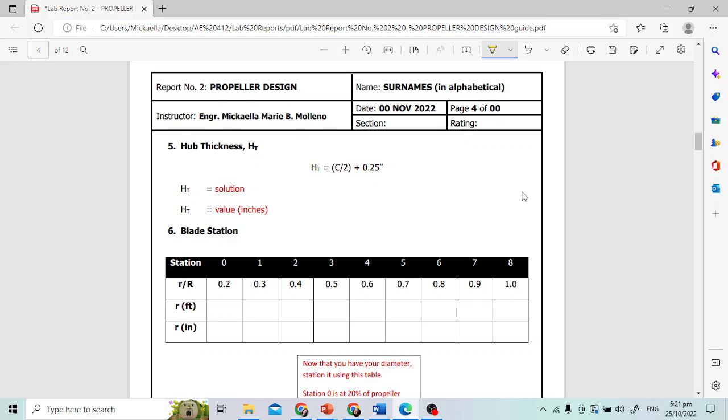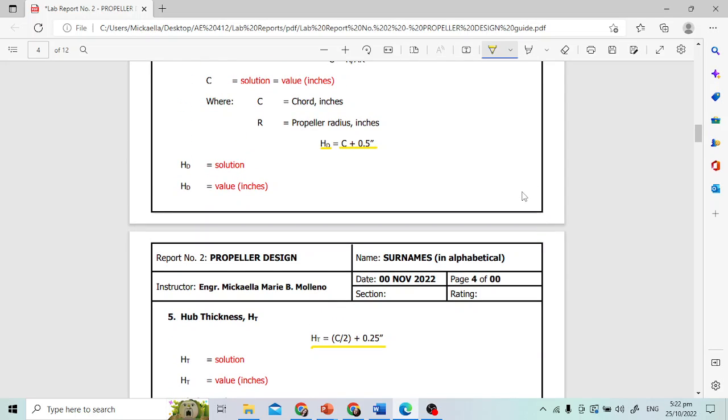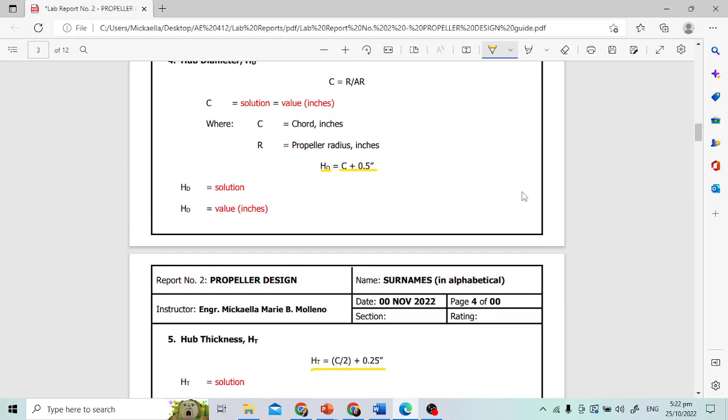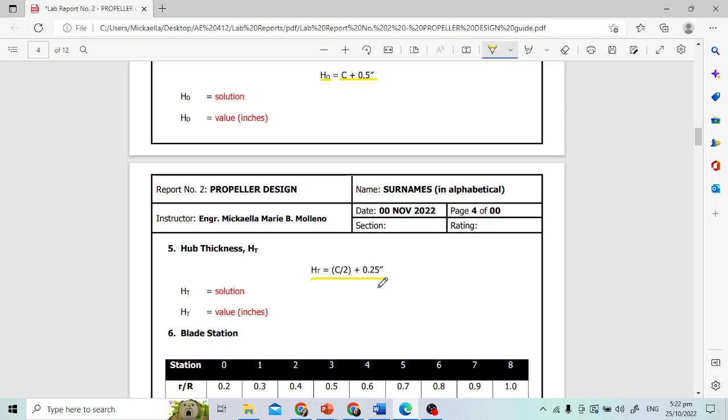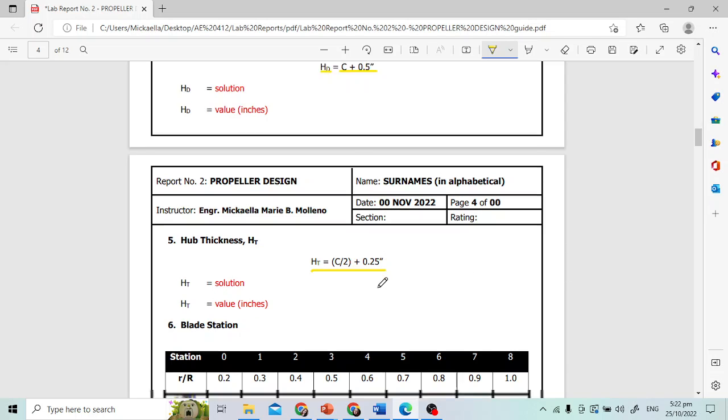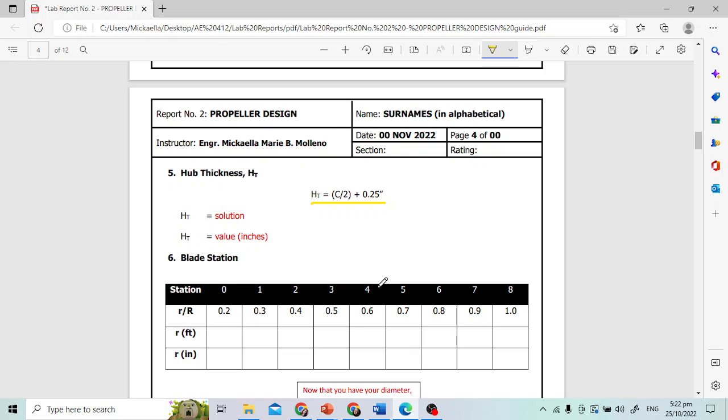Okay, what's next? So, what's next is hub thickness. Basically, use nyo lang tong formula na to get the hub thickness. Diba, nakuha naman na natin yung C dito. Divided by 2, then just add yung 0.25 inches natin. Then you would be getting the value of your hub thickness in what unit?